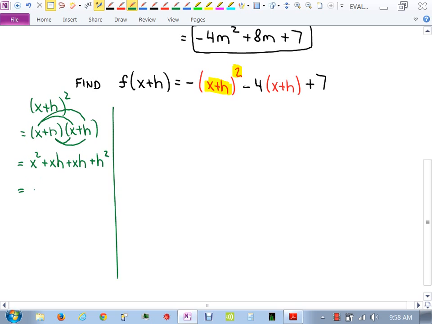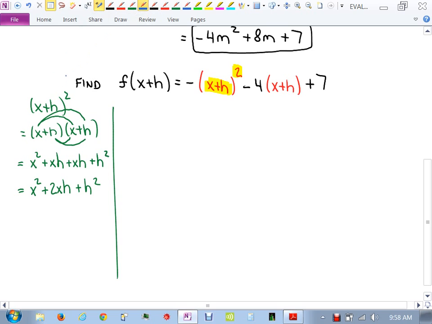Okay, so I'm simplifying this. What does it become? X squared plus 2xh plus h squared. Do not make the mistake, okay, on the test.